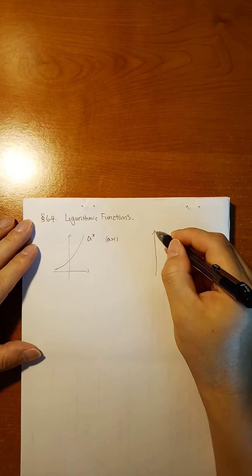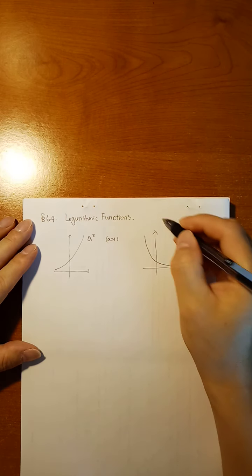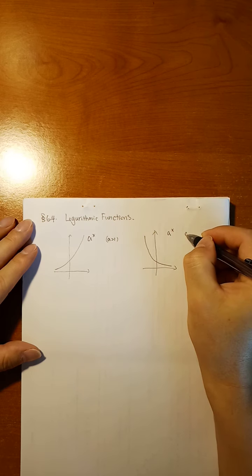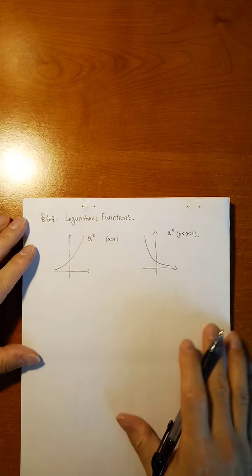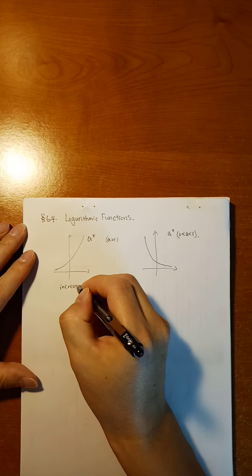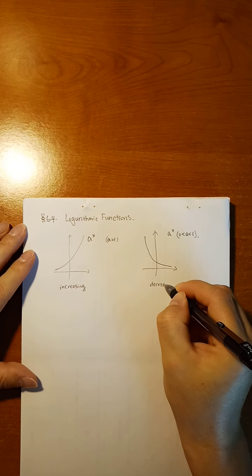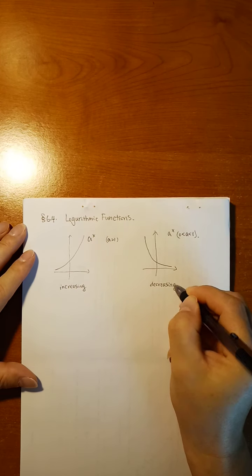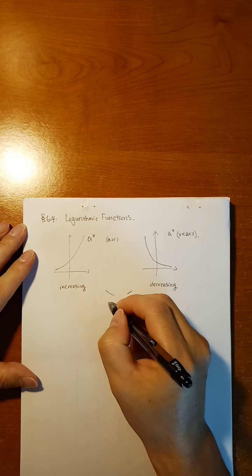And when a is less than 1, it looks like this, between 1 and 0. In this case, the function is increasing. In this case, the function is decreasing. But it doesn't matter whether the function is increasing or decreasing, they are both one-to-one.